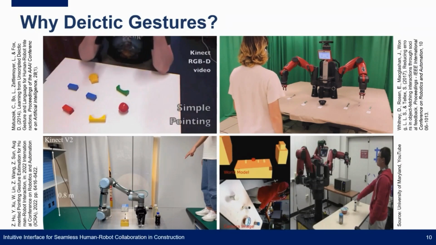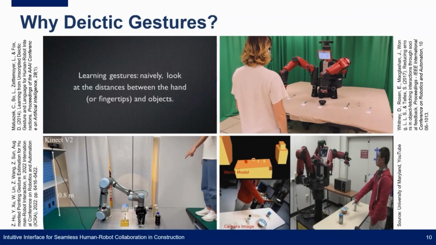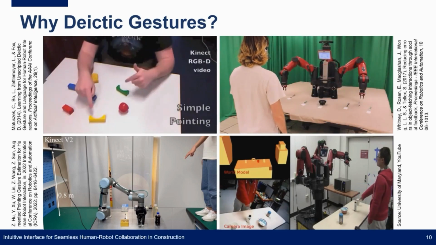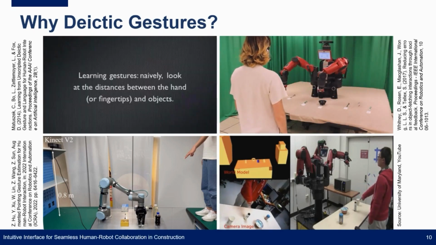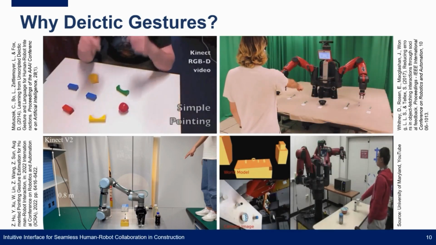Humans also use deictic pointing to show directions or objects all the time, and these types of gestures can be used to control robots, making the interaction feel more natural.